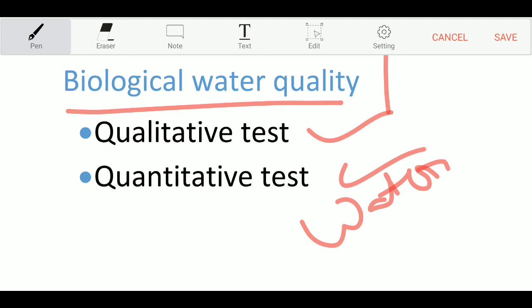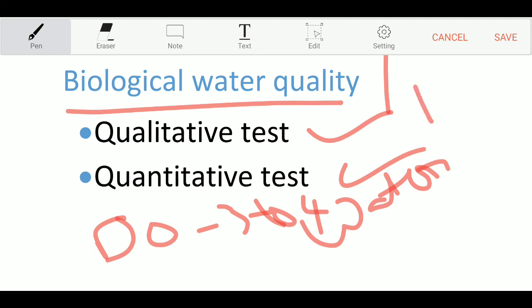And some of the important drinking water standards are: temperature between 10 degrees centigrade to 20 degrees centigrade, color 5 to 20 degrees, turbidity 5 to 10. Odor and taste less than 3, alkalinity less than 200 milligrams per liter, hardness less than 300 milligrams per liter, chlorides less than 250 milligrams per liter, sulfates less than 250 milligrams per liter, as well as DO, it should be 3 to 4 milligrams per liter.